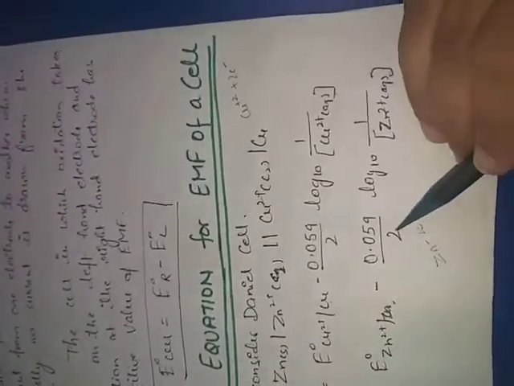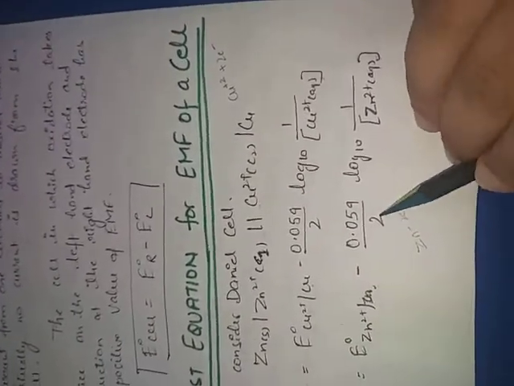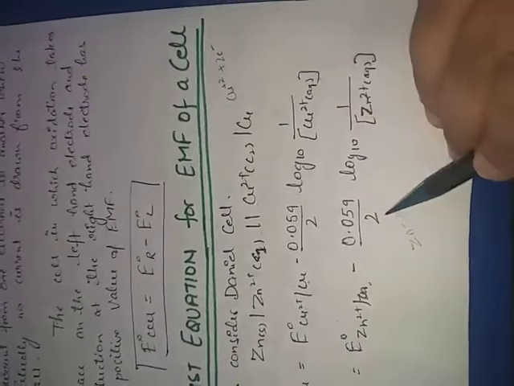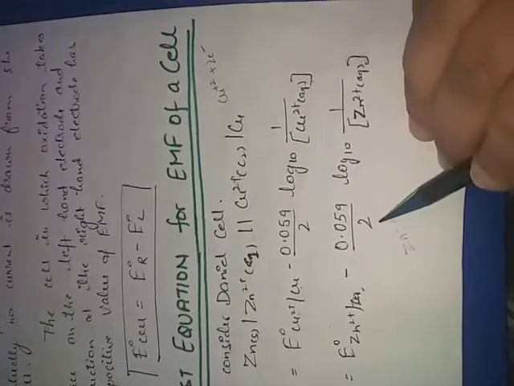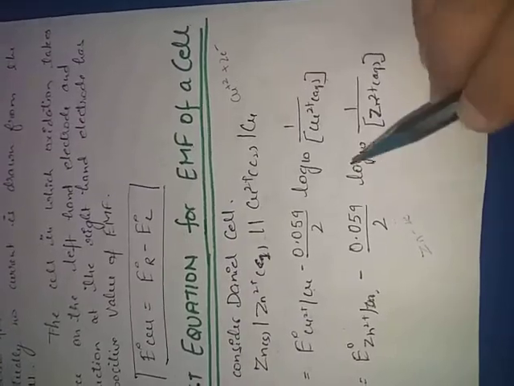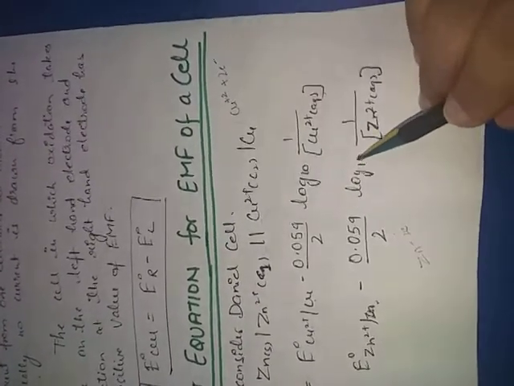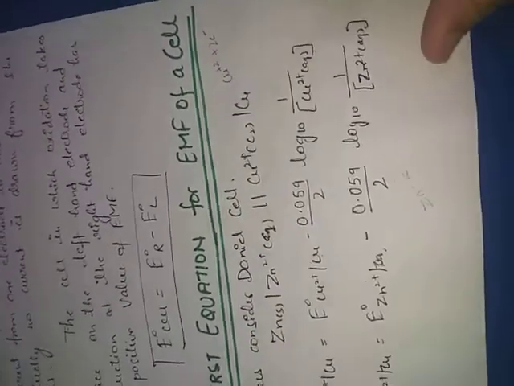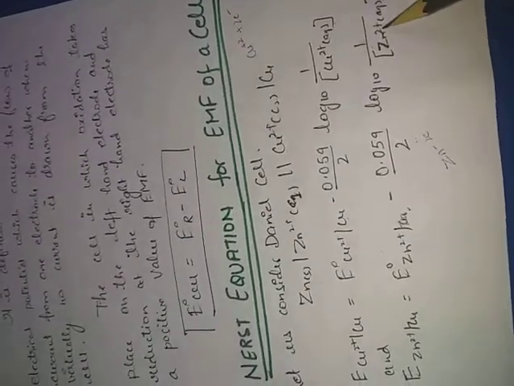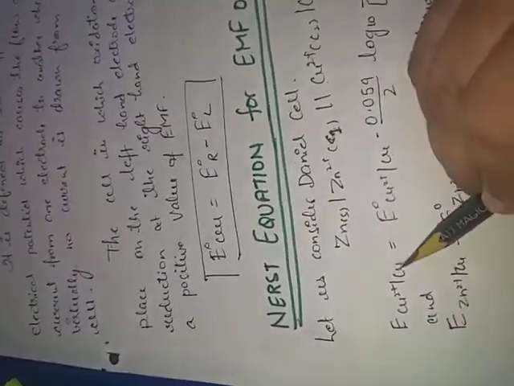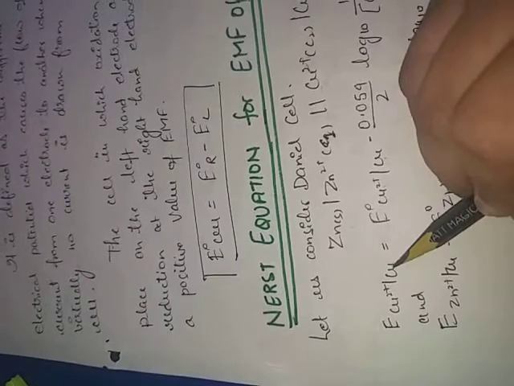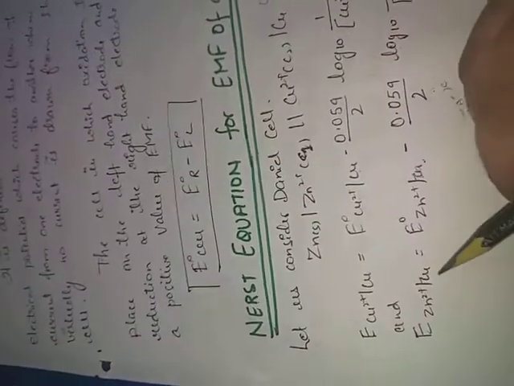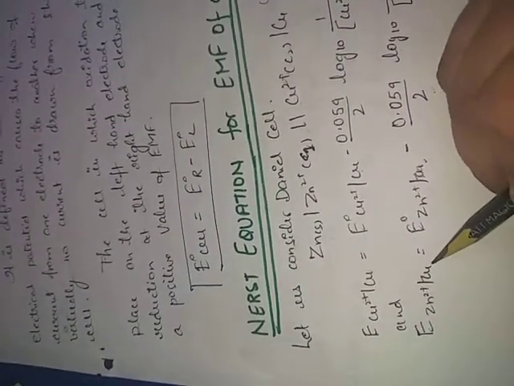Since here only 2 electrons, here 2 and here 2, in both cases 2 electrons are participating, it is log base 10 of minus 1 upon Zn 2 plus. See, here reduction is taking place, here oxidation is taking place.